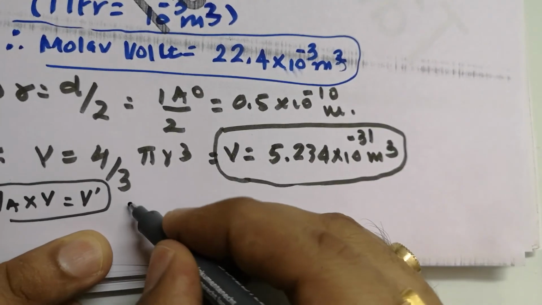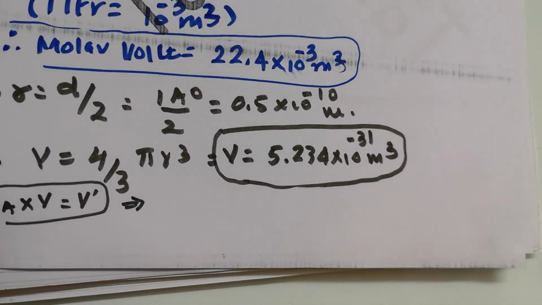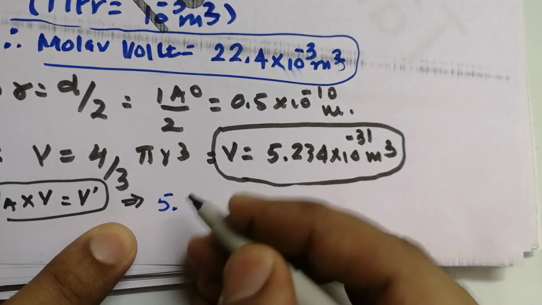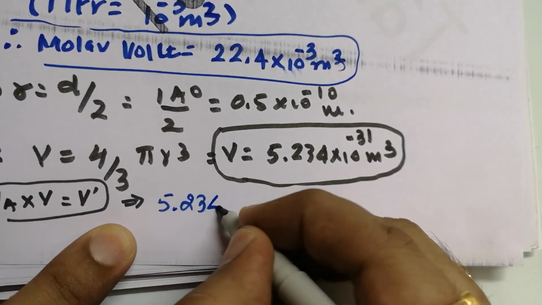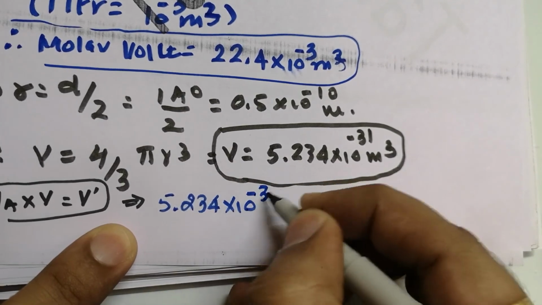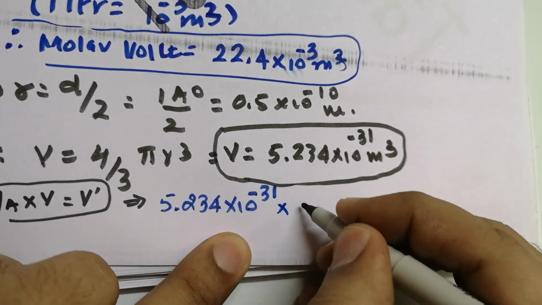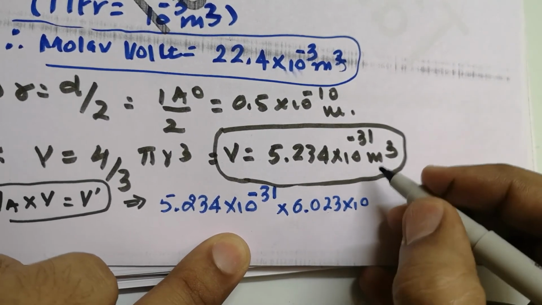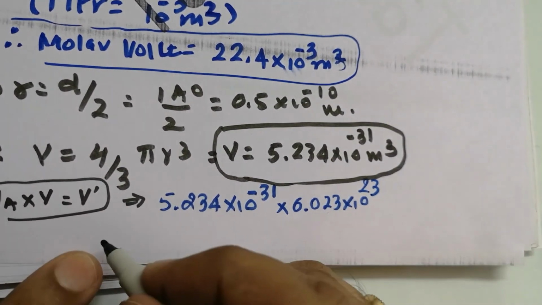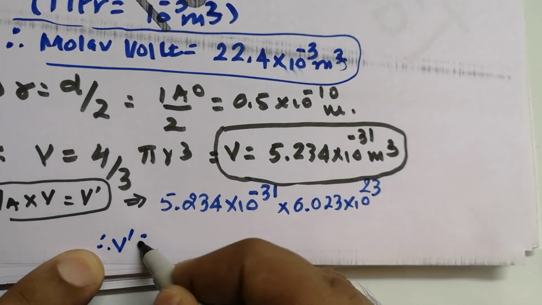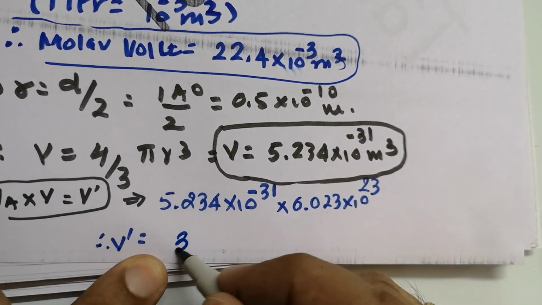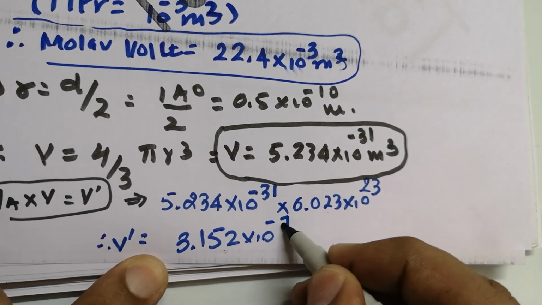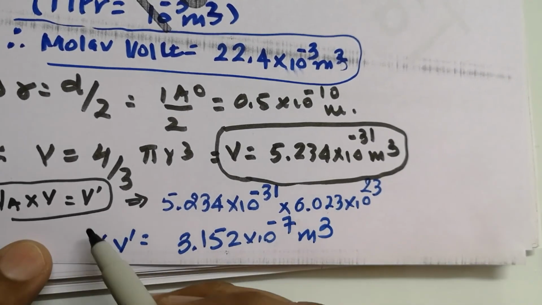My V dash would be 5.234 10 to the power minus 31 multiplied by 6.023 cross 10 to the power 23. So I got that my atomic volume would be 3.152 cross 10 to the power minus 7 meter cube.